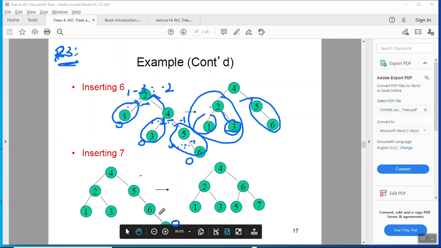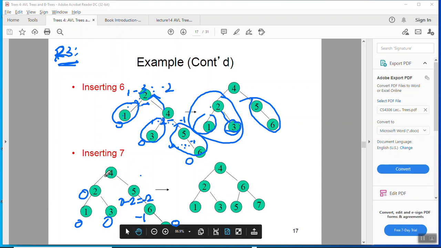This balance factor is 0, this balance factor is 0 minus 1, that is negative 1, this balance factor is 0, this balance factor is 0, this balance factor is 1 minus 1, 0, and this balance factor is 0 minus 2, equal to negative 2, right?